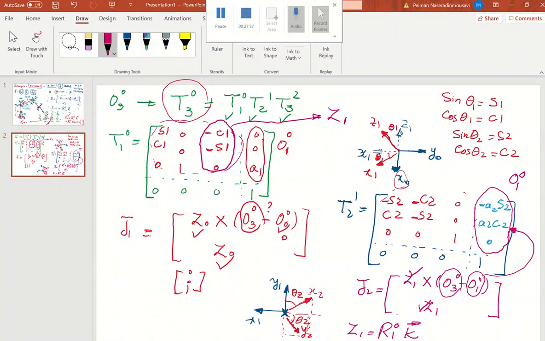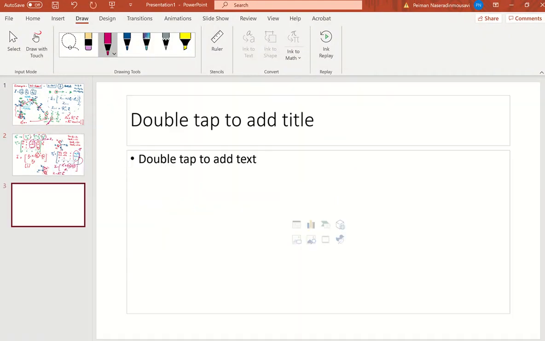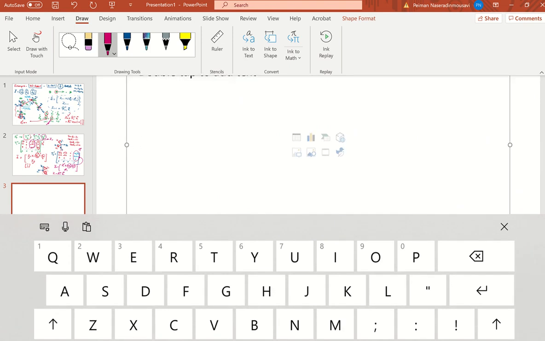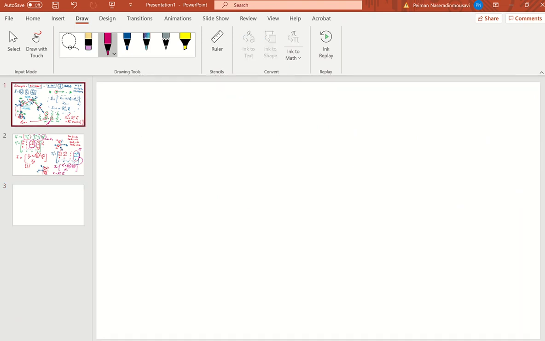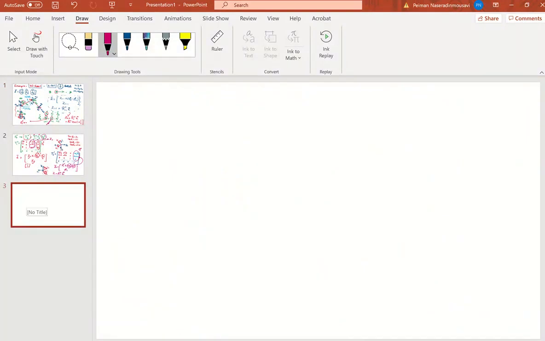Now T3 with respect to 2. We calculated this, we calculated this, now this. With 3 with respect to 2. So what I'm doing is the same. I'm plotting 2 first. This is 2.